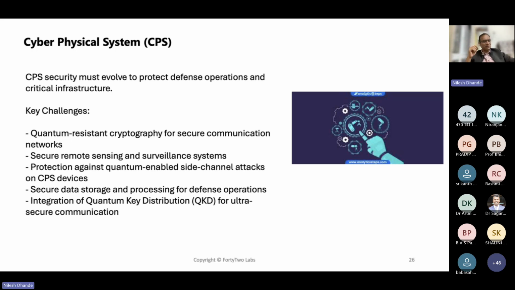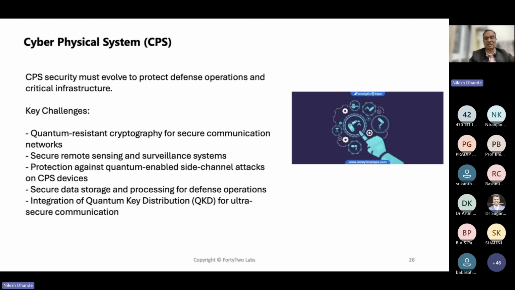What are quantum particles? They are the protons, neutrons, and electrons, right? These are subatomic particles, and subatomic particles are called quantum particles. If you are able to work with these particles, you can detect even a very tiny change happening within the environment.